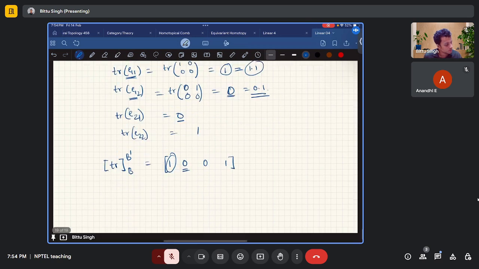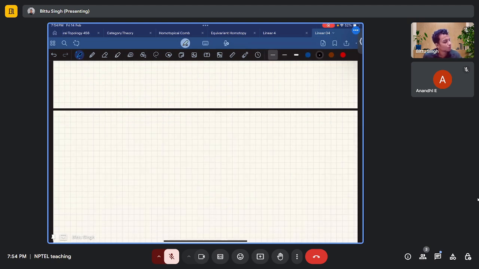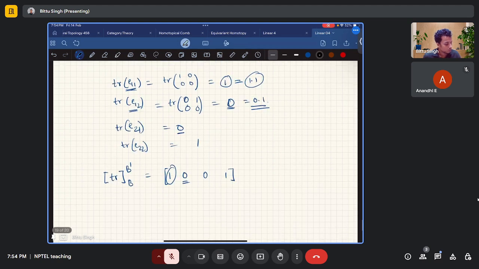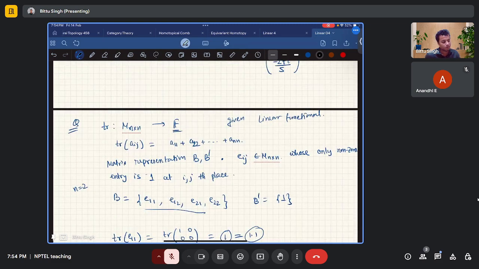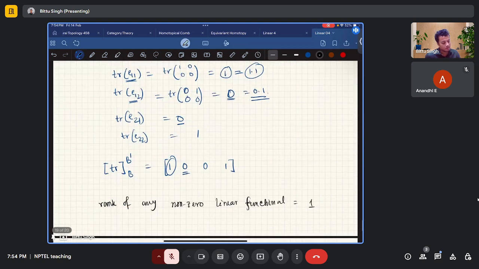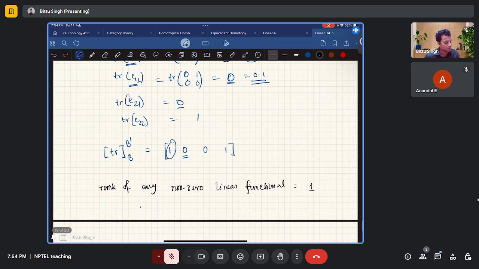Another thing I should say is that the rank of any non-zero linear functional is always 1, because we can see here also it is 1. If it is non-zero, there is some c in the range.